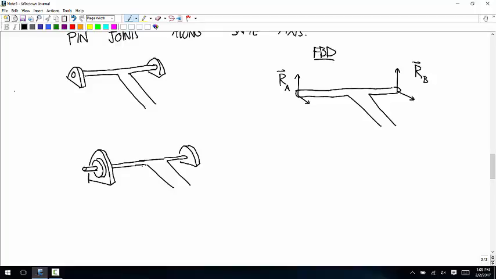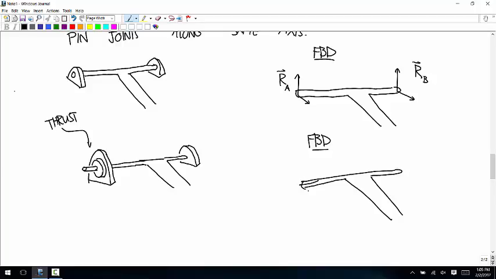So this provides thrust. The free body diagram looks like this. Over here, we have a full force vector. And over here, since there's no thrust provided on the right side, we just have that and that.